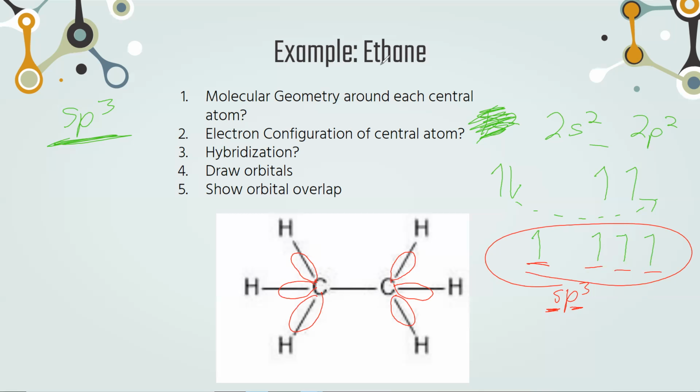For hydrogen, and I'll switch colors for that. Hydrogen only has a 1s1 electron configuration. It doesn't have multiple orbitals to hybridize anywhere. So hydrogen's orbitals are spherical and they're going to overlap. And that electron share is going to take place in those bonds. Okay, so I'm just going to finish drawing in my electrons.